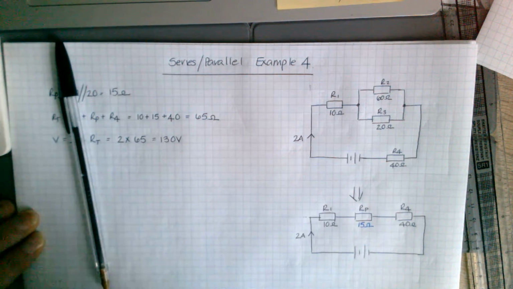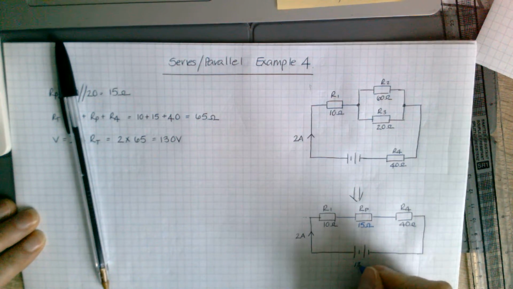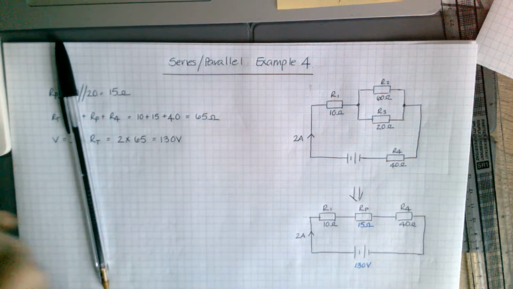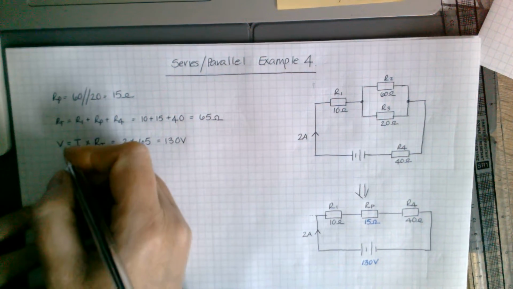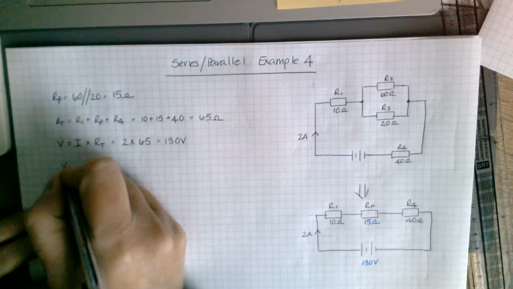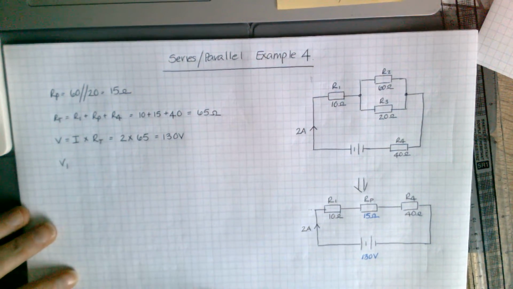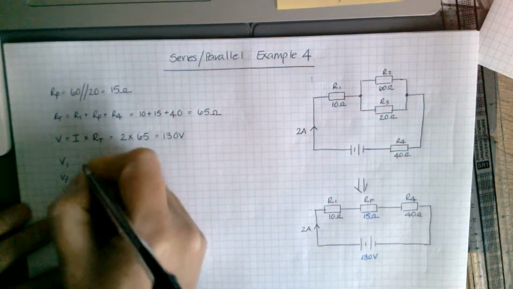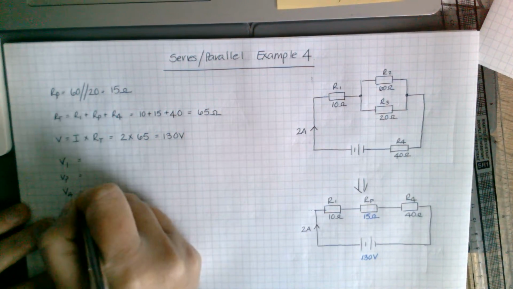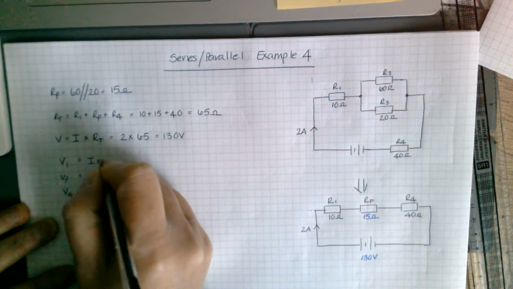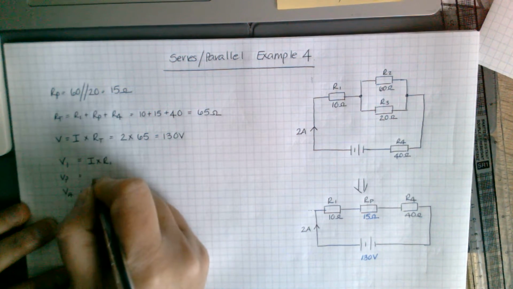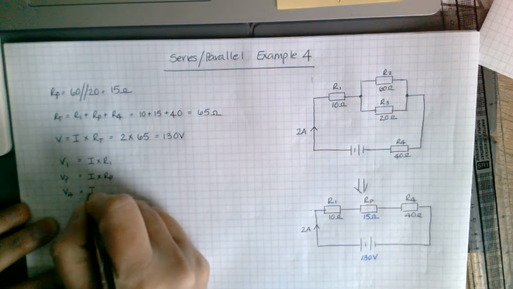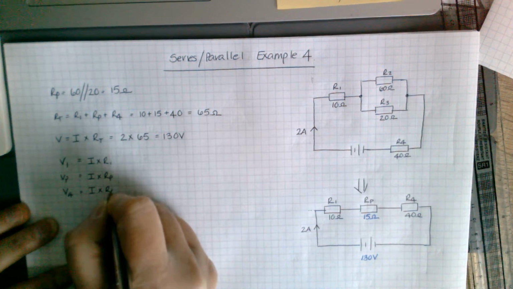So that now is that value there. You can also, the same as the last time, work out your voltages. So this time we'll have a V1, a VP, and a V4. So V1, I times R1, VP, I times RP, V4, I times R4.